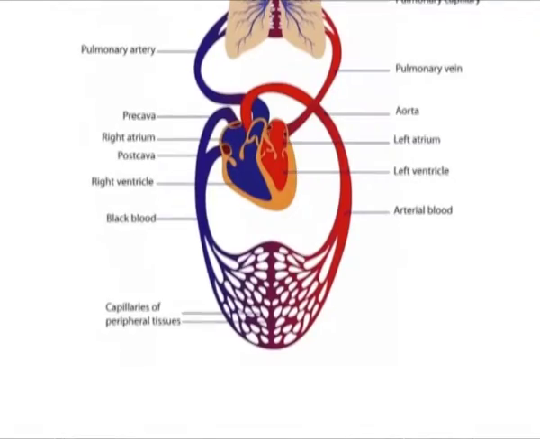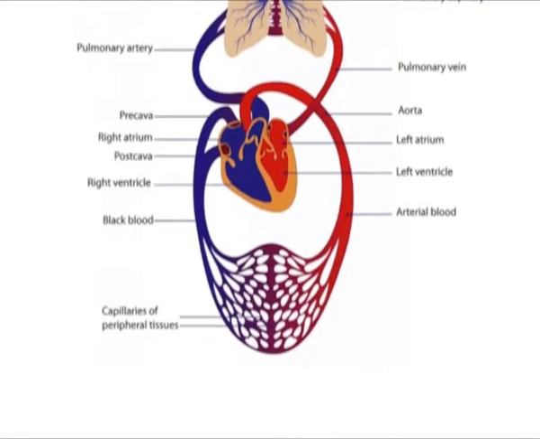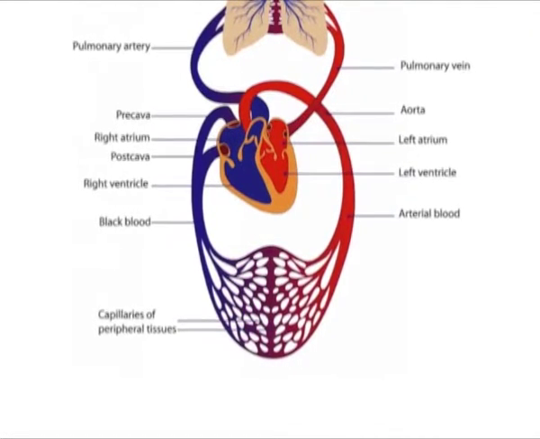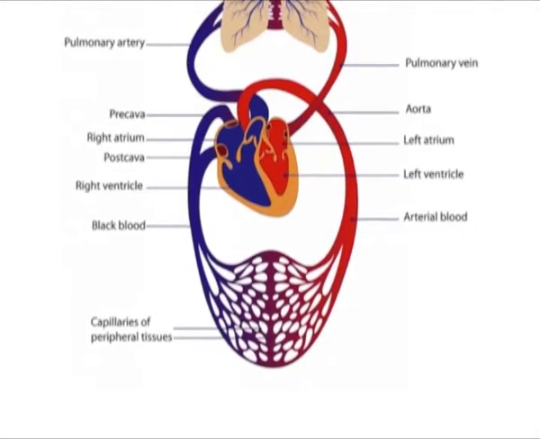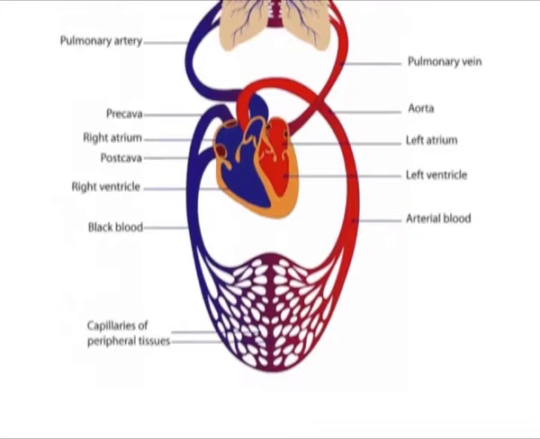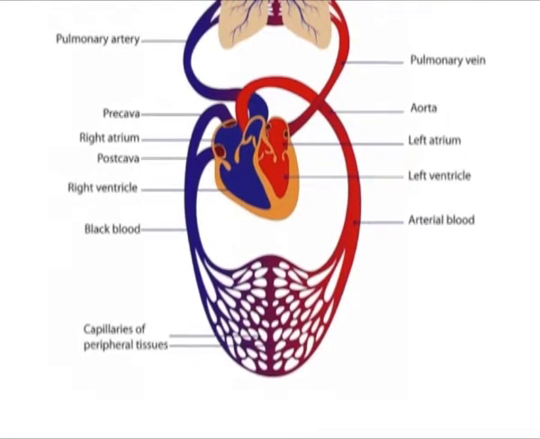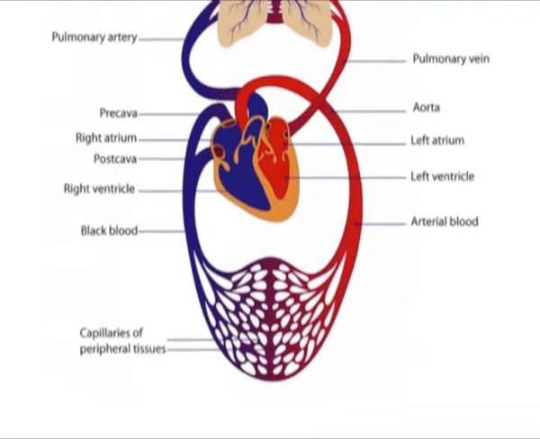As blood flows through the circulation, the size of the vessel decreases from artery or vein to arteriole or venules, and finally into capillaries, which are the smallest vessels for gas and nutrient exchange.